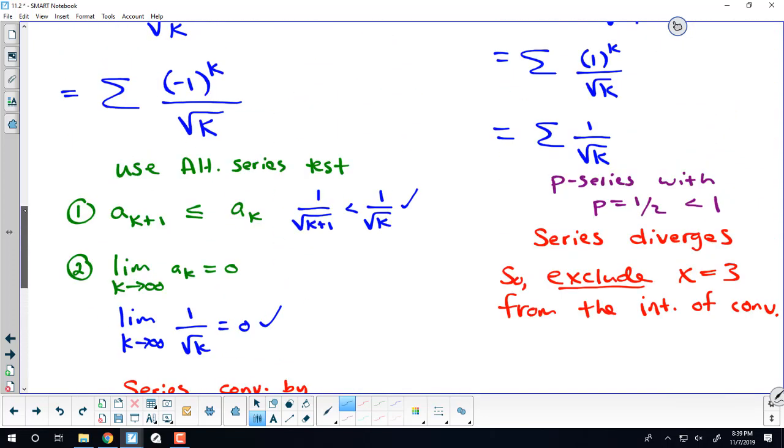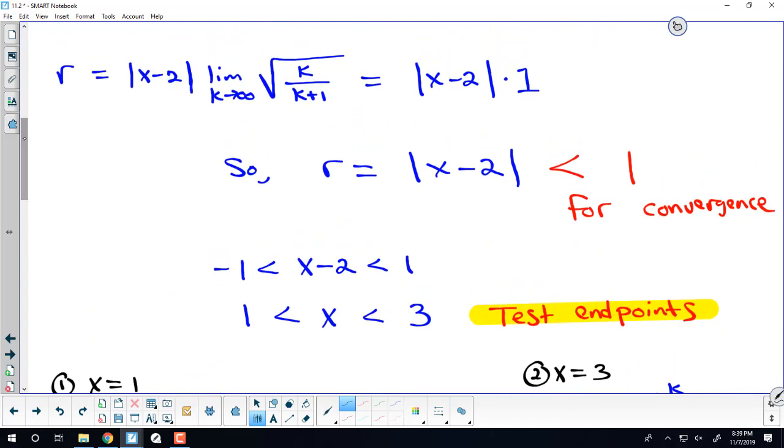So that comes from here. As soon as we find the ratio or the root, that absolute value statement that we get right here will give us the radius of convergence. Let me think of a better way to explain to you, but yeah, that's where we get that from.